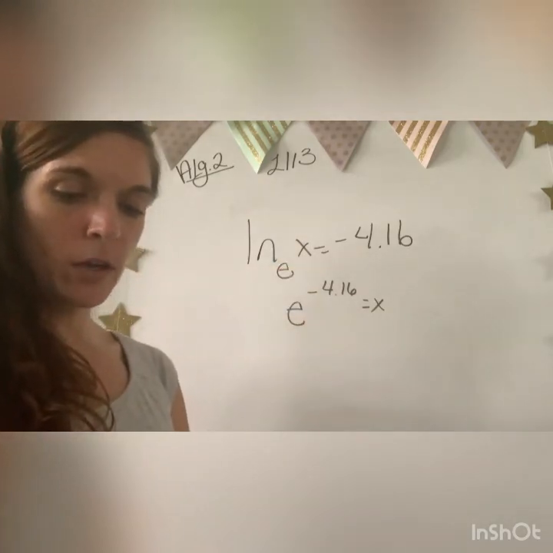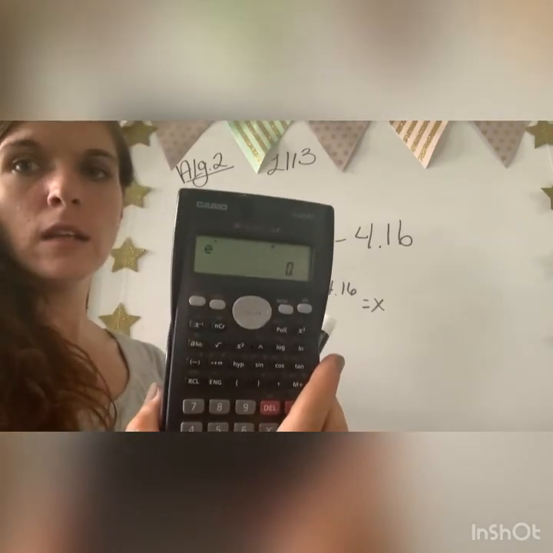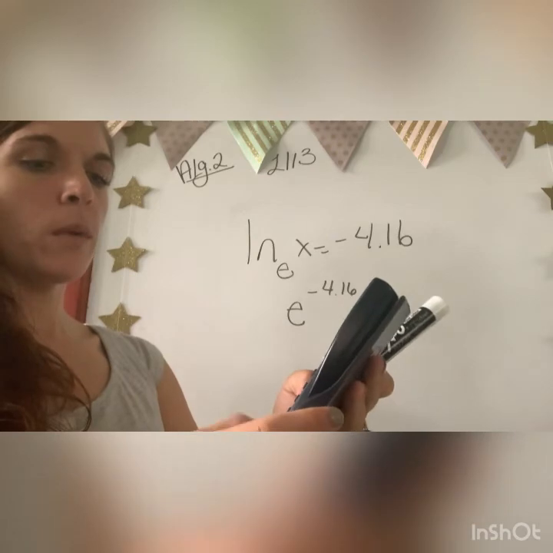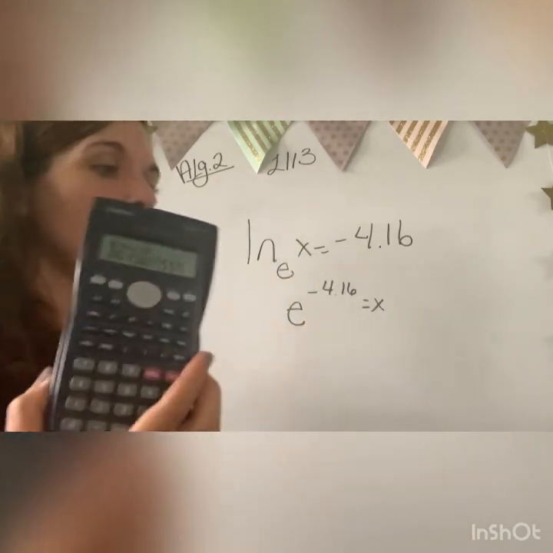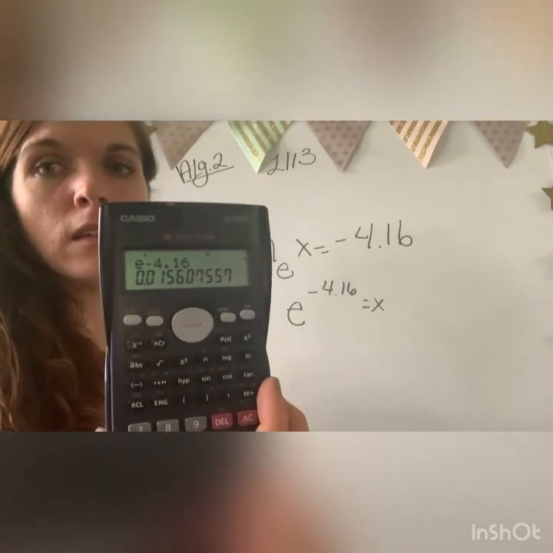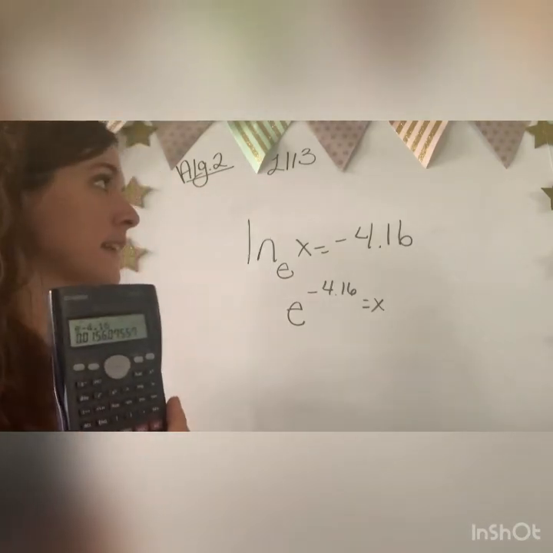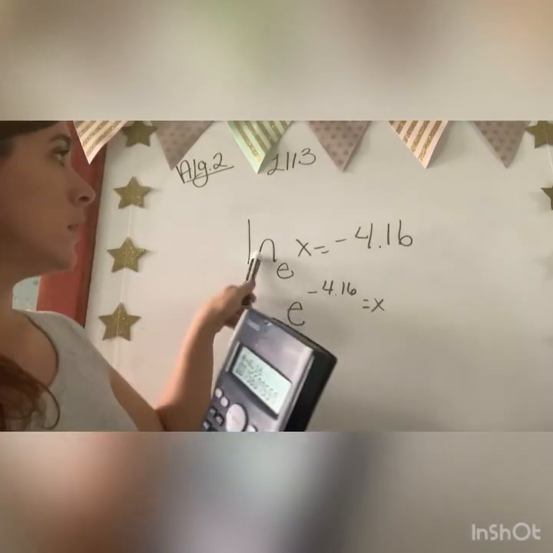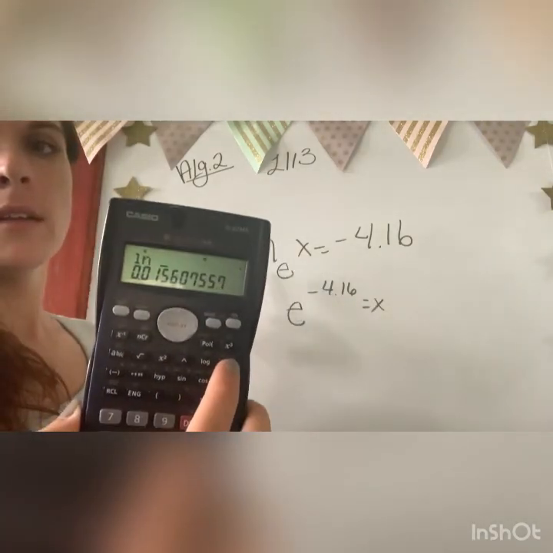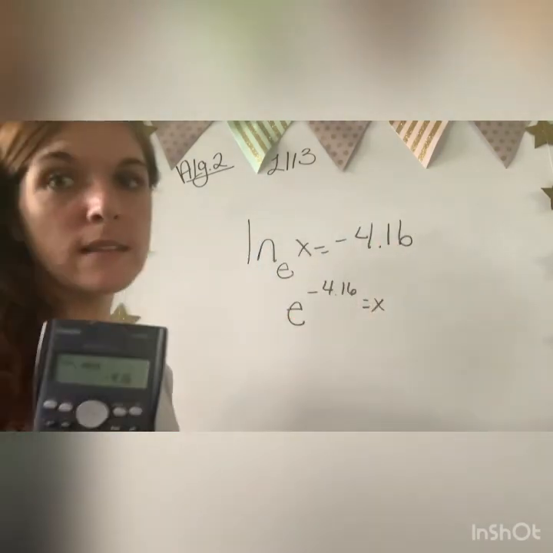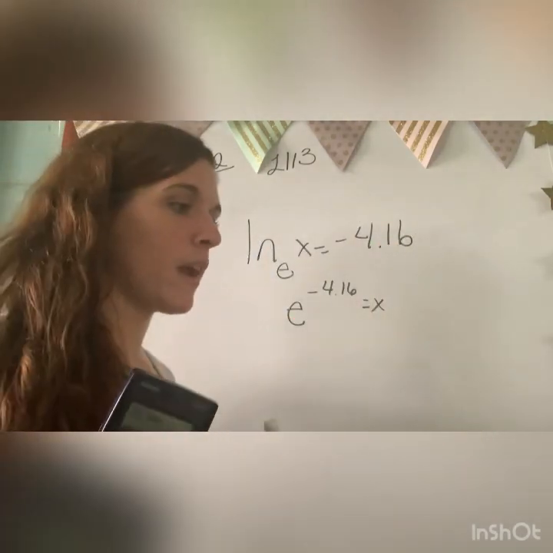Inverse natural log, pardon. So inverse natural log negative 4.16. Your answer is going to be 0.0156. Okay, 0.0156. How do you know that you're right? Well, check it. Go natural log, answer. And you get a negative 4.16. So you know that you're right. You're working with the right opposite.